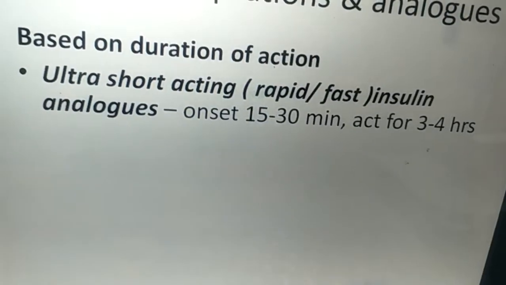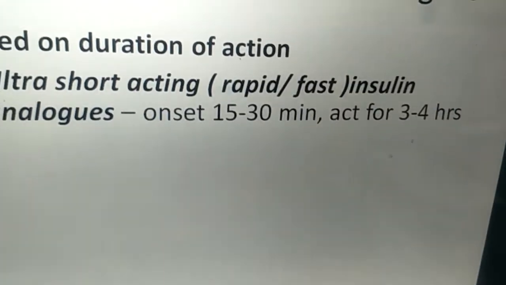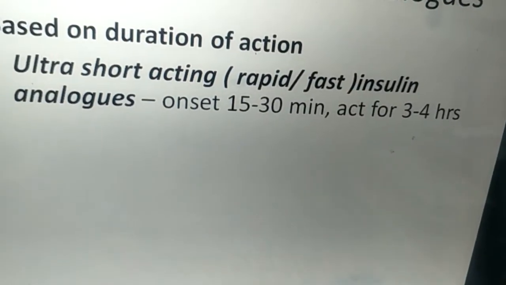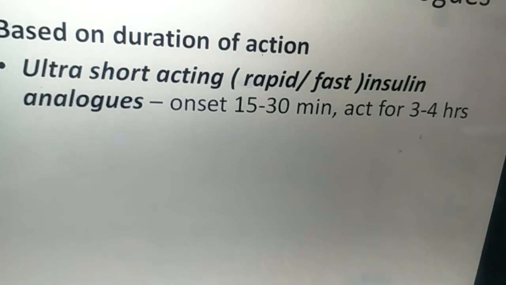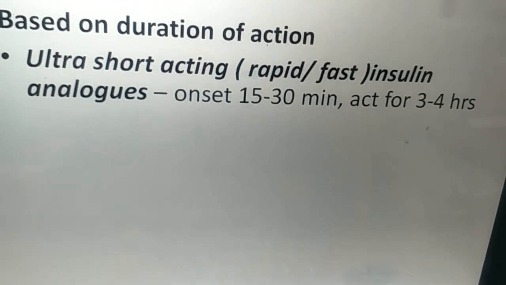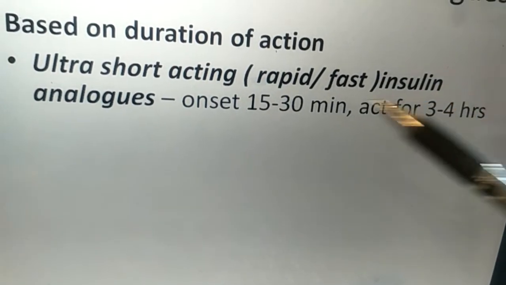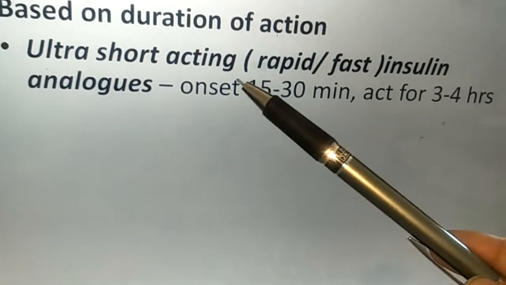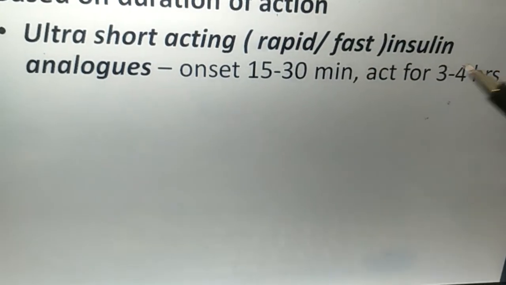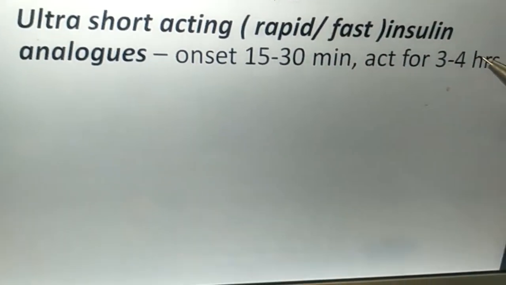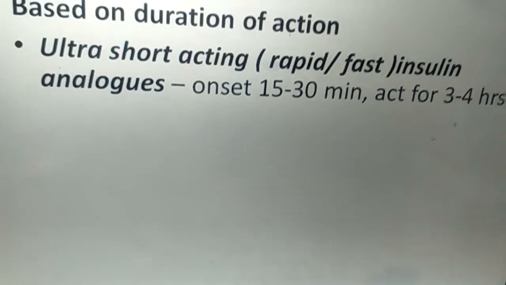Ultra short acting are those which have rapid or fast onset and short duration. Onset is within 15 to 30 minutes of injection, their effect starts, and they act for a duration of 3 to 4 hours. For short acting, we will see this onset will be delayed. It will be after 1 hour, and this duration will be slightly long, 4 to 8 hours. Then further these things increase for intermediate and for long acting.